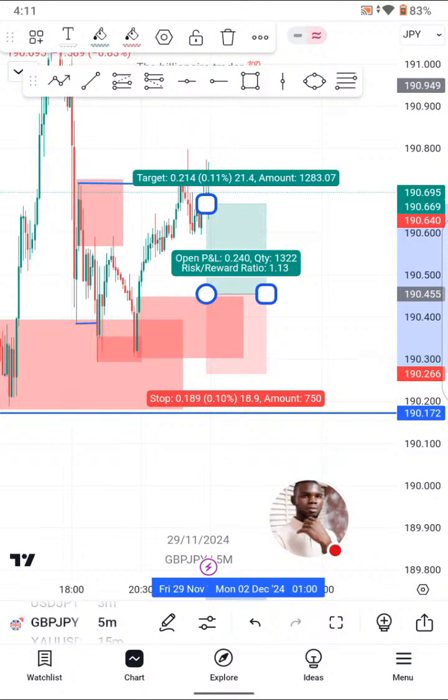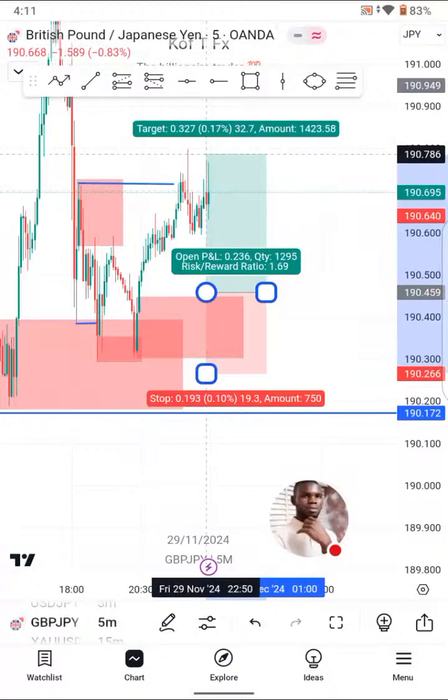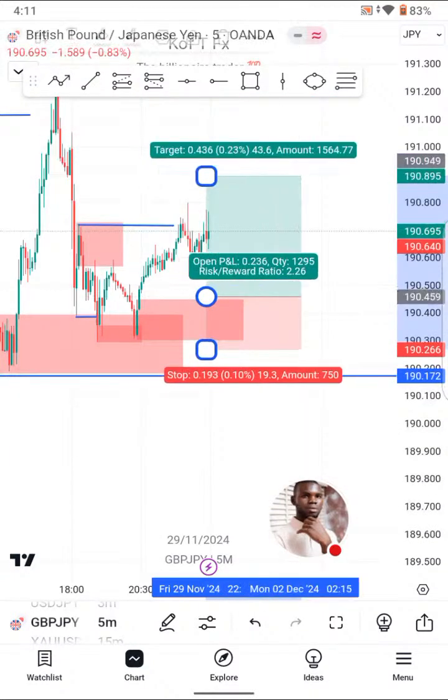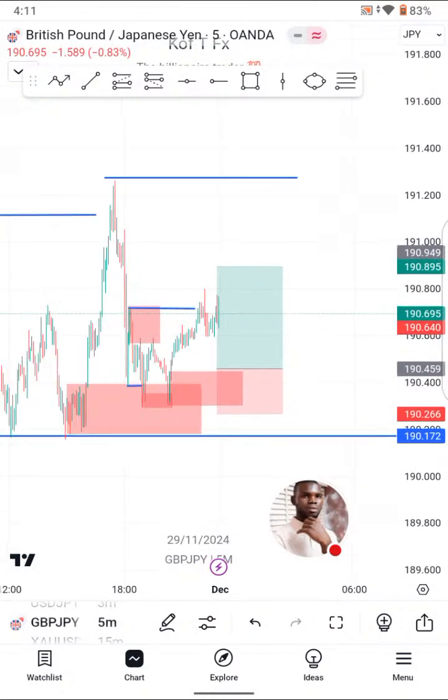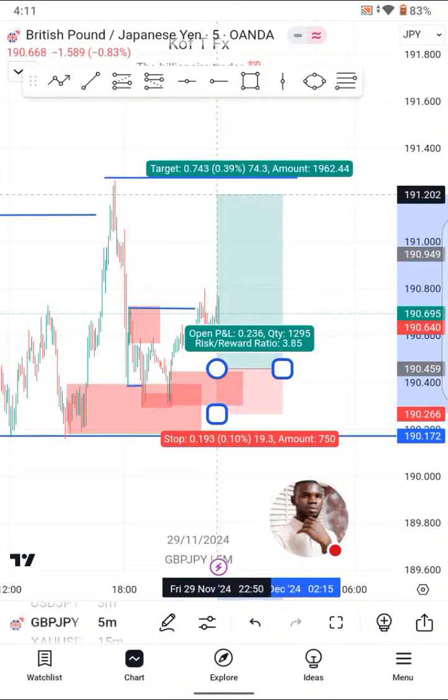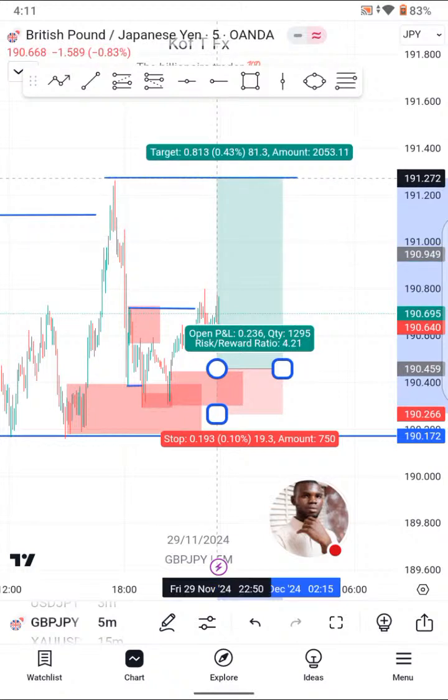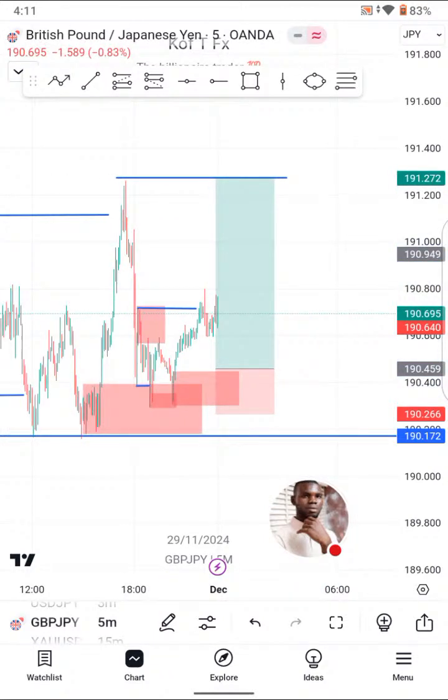So something like this for the entry too. A little bit, pick it from the FVG. So I'm expecting something like this, and the first target will be here. That's like 4 point something.